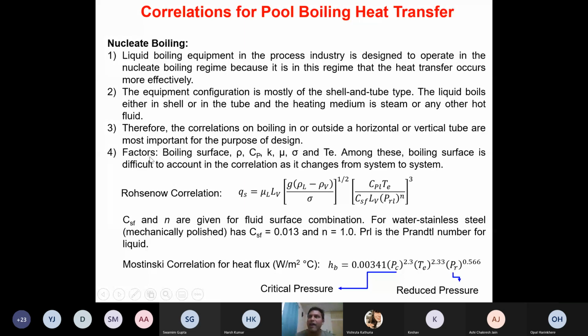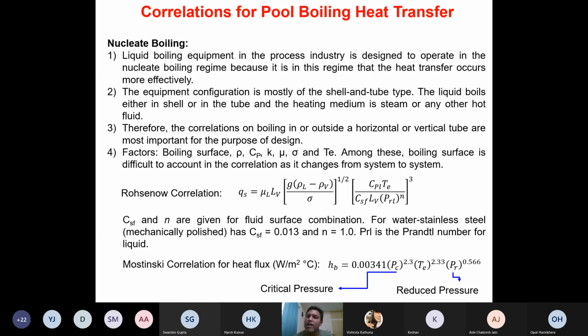The factors which affect nucleate boiling are density, specific heat, thermal conductivity, viscosity, surface tension, and the excess temperature. Among these, the boiling surface is also an important factor, but accounting for the boiling surface in the heat transfer coefficients is very difficult because it changes from system to system.